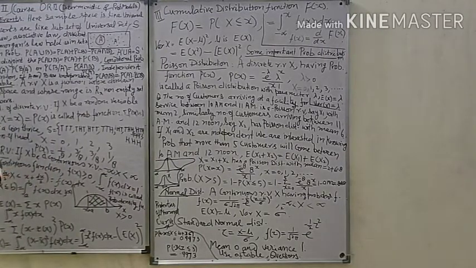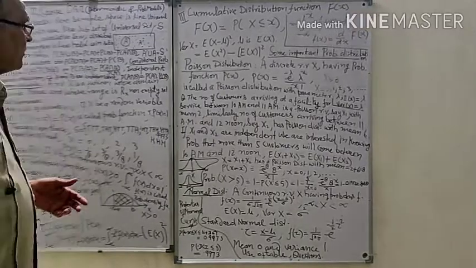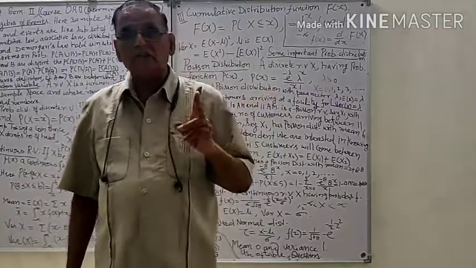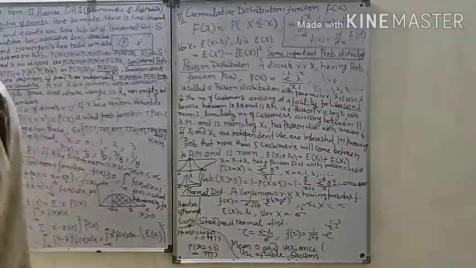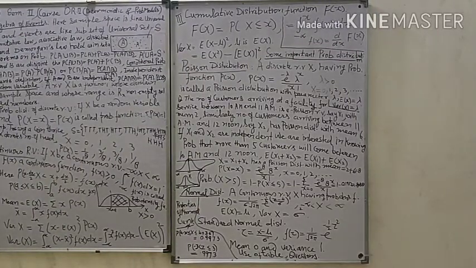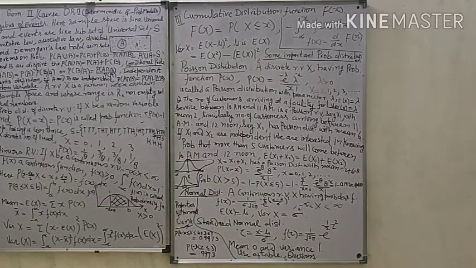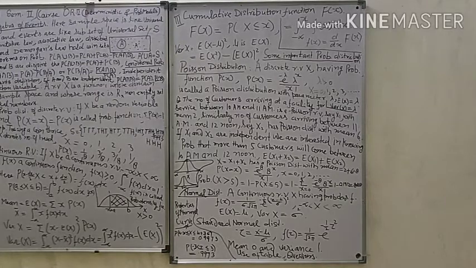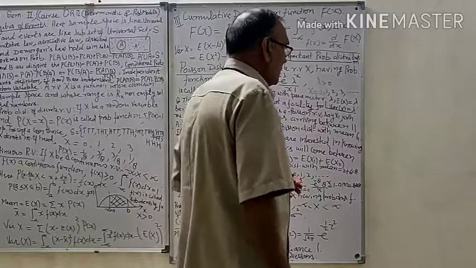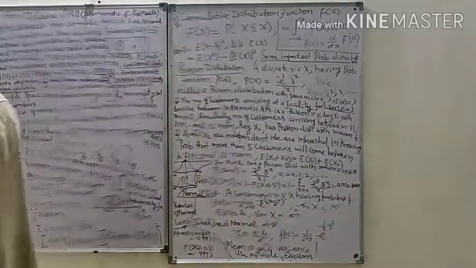The arrivals reaching a service station always have a Poisson distribution. And if arrival has a Poisson distribution, then the time between two successive arrivals always has an exponential distribution. So in my second lecture, I will take this exponential distribution and then I will define the Poisson process and will start queuing theory.